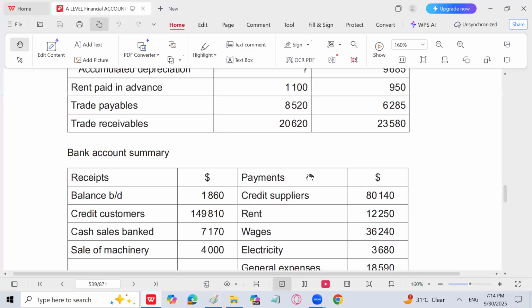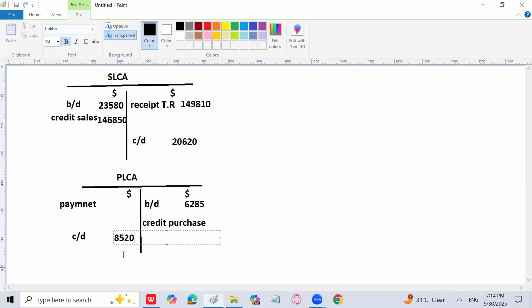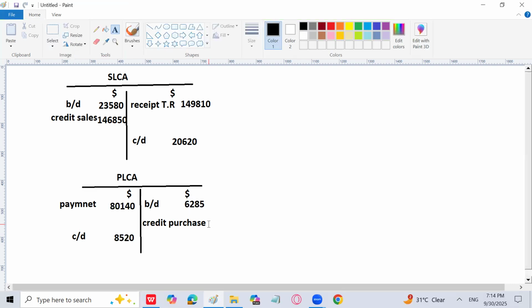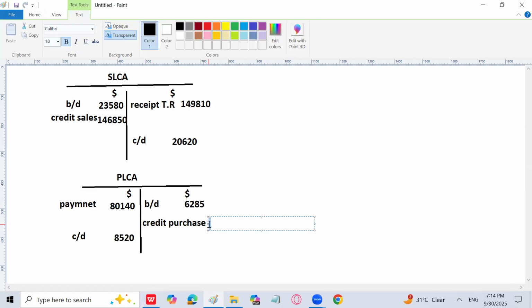Payment to trade payable is given: payment to credit suppliers 80140. So let me write here 80140. I will go for the total of the debit side and subtract 6285 to find the credit purchases. So 80140 plus 8520 minus 6285, you will get the amount of credit purchases. Yes, 182375.